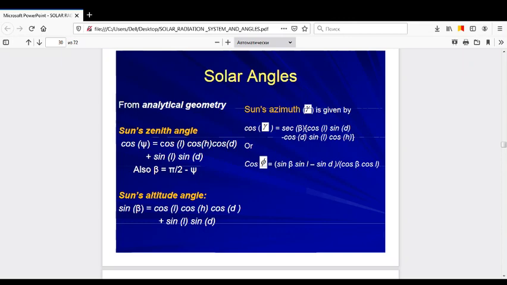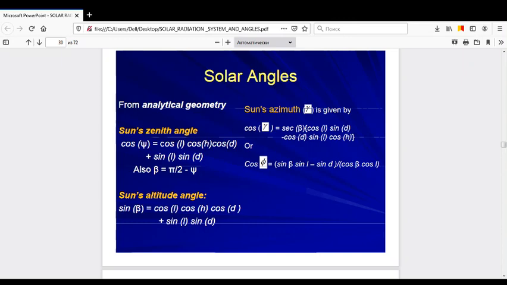Now the solar angle. From analytical geometry, the sun's azimuth gamma is given by cos gamma is equal to sec beta, we can also write it as 1 upon cos beta, times (cos I sin d minus cos d sin I cos h).